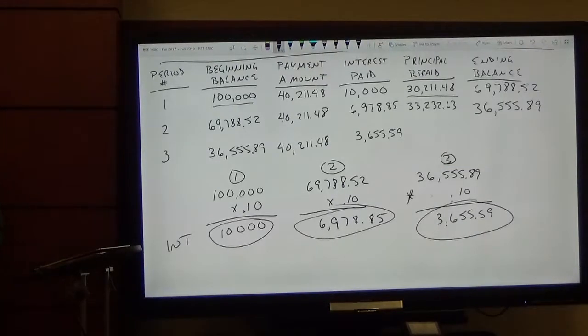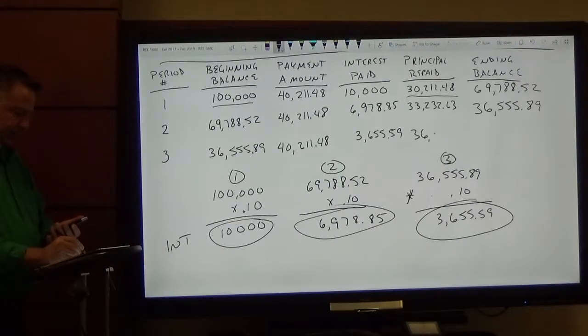Okay? Now to get the principal repaid, we basically subtract out the 3,655.59, you see what I'm doing. 40,211.48 minus 3,655.59 gives us $36,555.89.